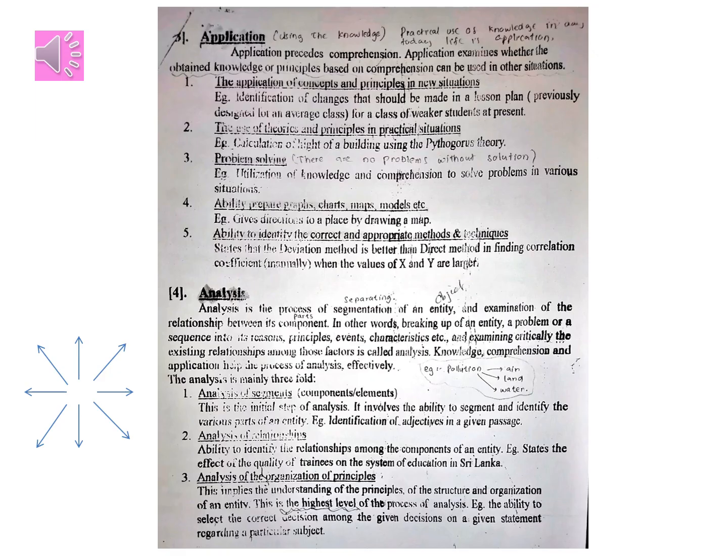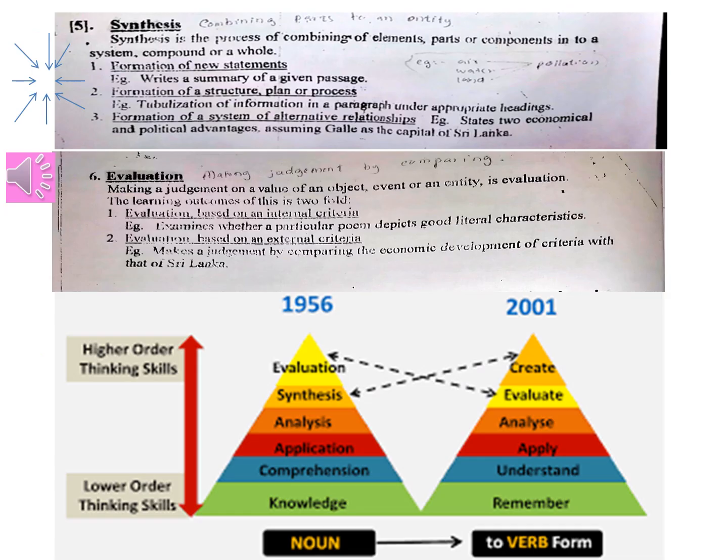Next one, synthesis. The next step in Bloom's taxonomy is synthesis. What is synthesis? Synthesis is the process of combining elements. Underline that. You are combining elements. Earlier, in analysis, you separate them.